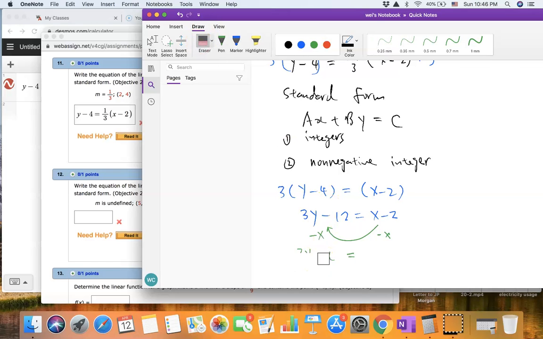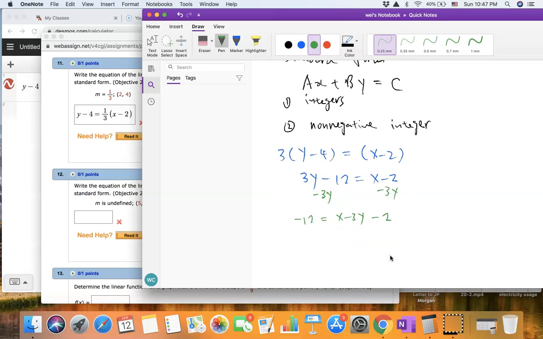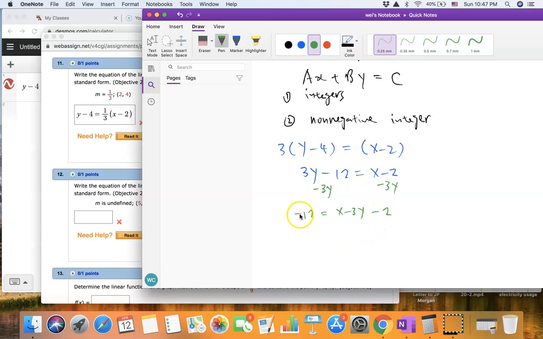I don't want that to happen, because that will not be a standard form. Therefore, I want to keep x on the right side, and I want to bring the y term to the right. To bring the y term to the right side, I subtract 3y. And then to bring this number -2 to the other side, we can add 2. So the equation is x minus 3y equals -10.